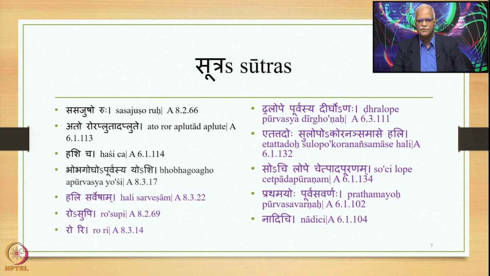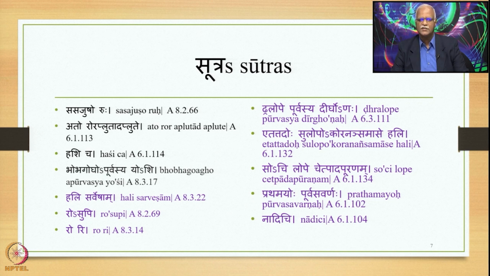And in the previous lecture we saw examples where short a was the environment. What remains to be seen is when long a is the left hand side environment, what happens to the ru here. And this is what we are going to see in this particular lecture.